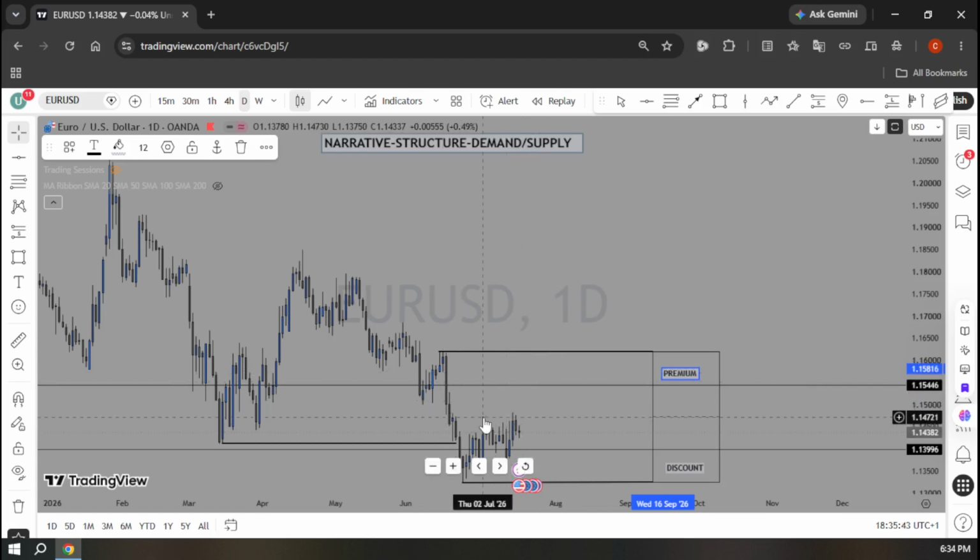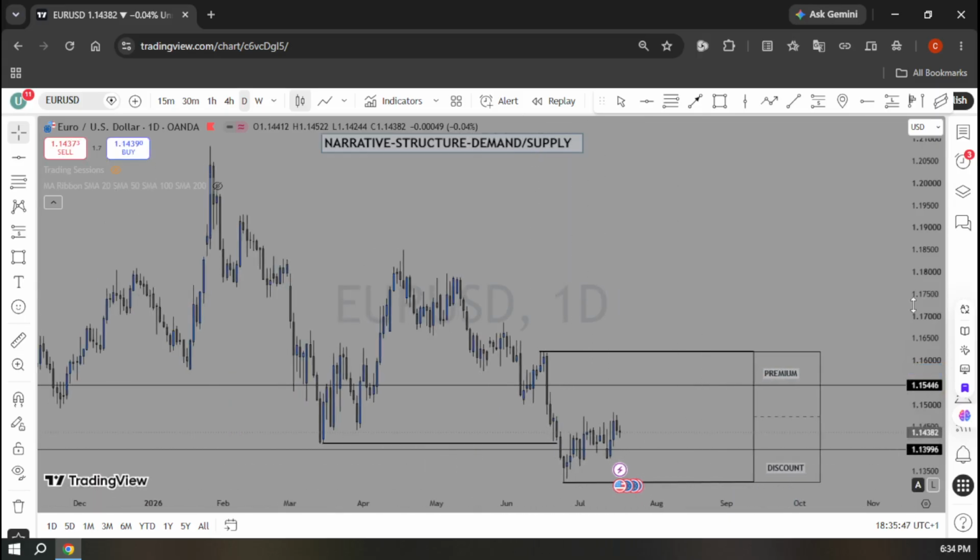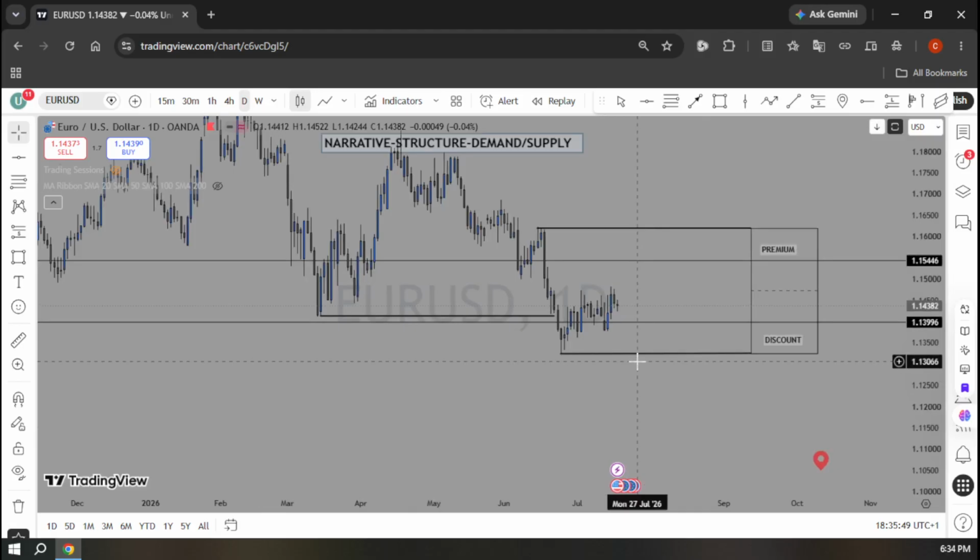But if price doesn't go to that area and it creates a new low with price closing right underneath this low here, then we would have a new trading range. Then this is going to change. Our premium and discount pricing will change. Notwithstanding, this area is a very strong supply area where we would anticipate price reversal.